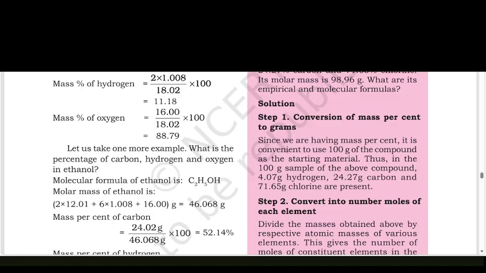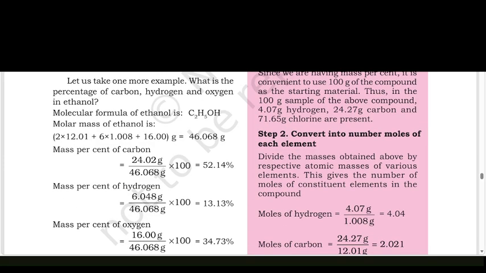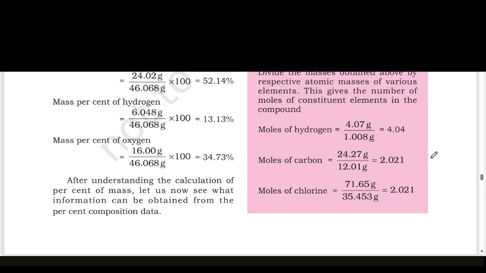Now just divide it by their atomic mass. Hydrogen 1, so 4.07, carbon 12.01, and chlorine 35.453. Now divide by the smallest number.